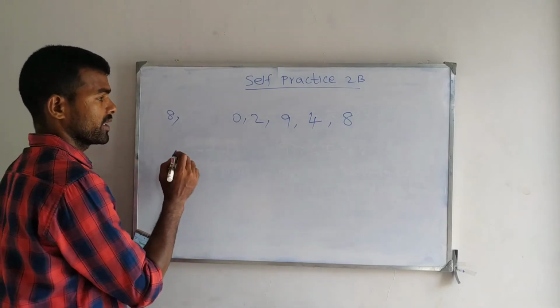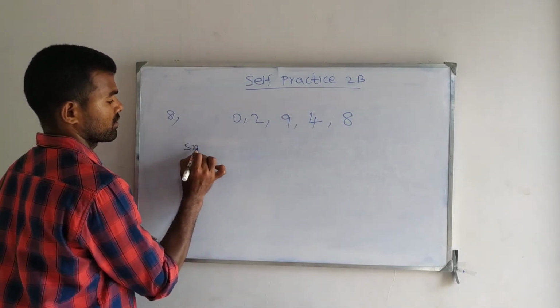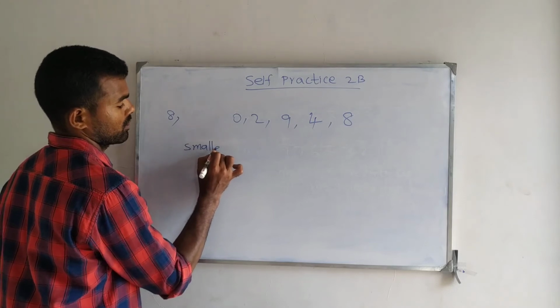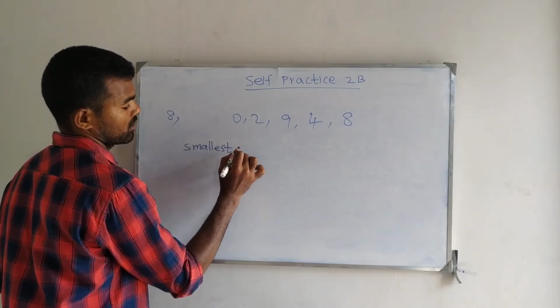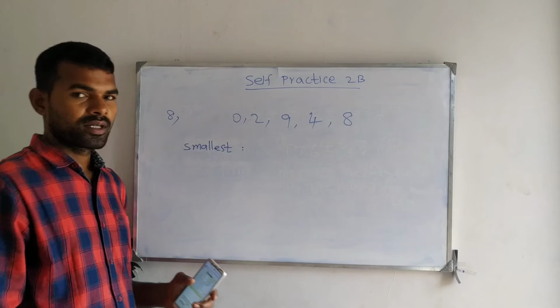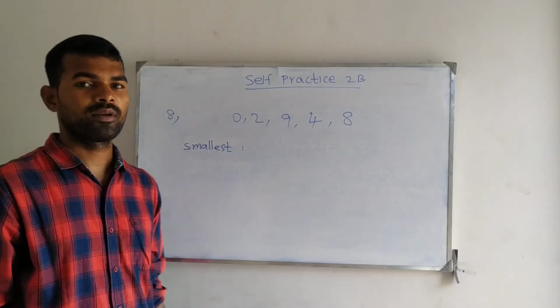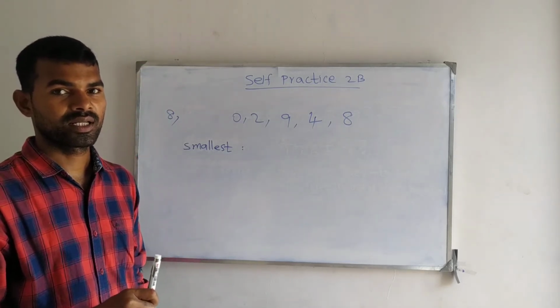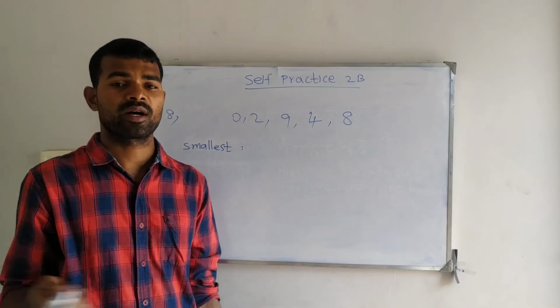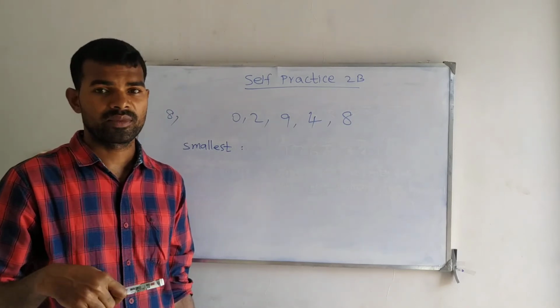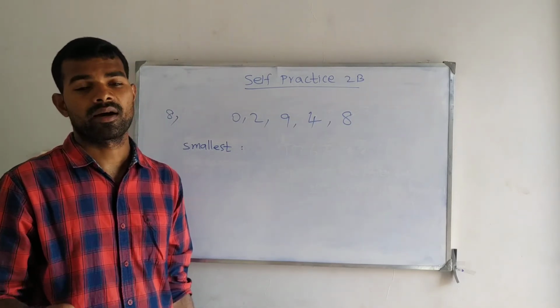So first let us write the smallest number. Just remember how we write the smallest number. To write the smallest number, we have to form the ascending order.